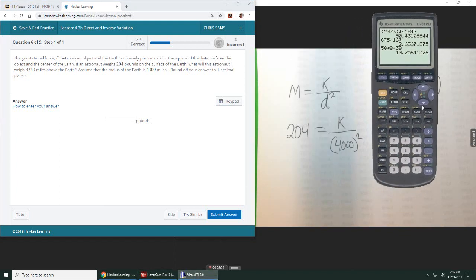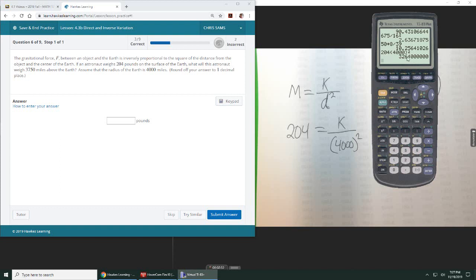It's going to give it to us in scientific notation, but we're going to be doing 204 times 4,000 squared. So really big number here. We get, let me see, 1, 2, 3 zeros, 4, 5, 6.